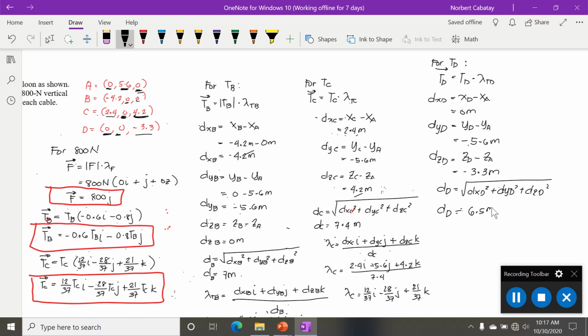So you have 6.5 meters. Therefore, solving for the lambda of D, you have, again, by formula, d sub xD i plus d sub yD j plus d sub zD k all over yung ating d sub D. Sasubstitute nyo lang po yun.